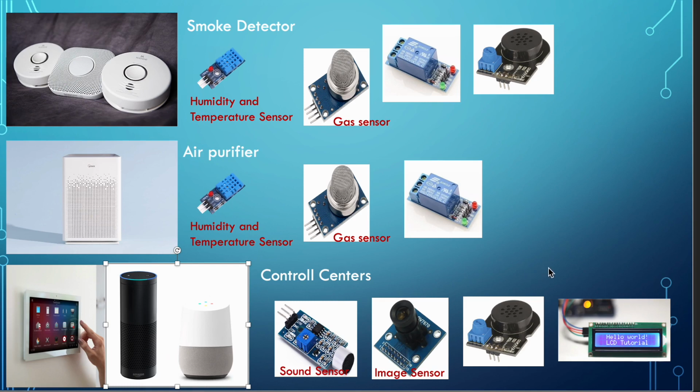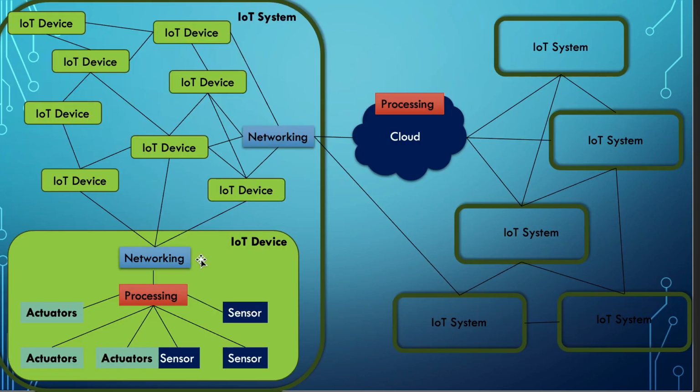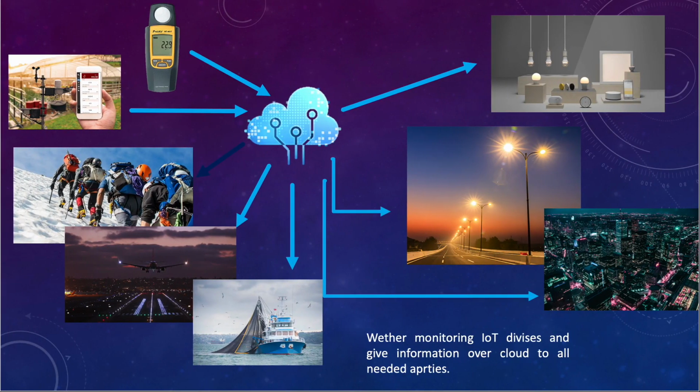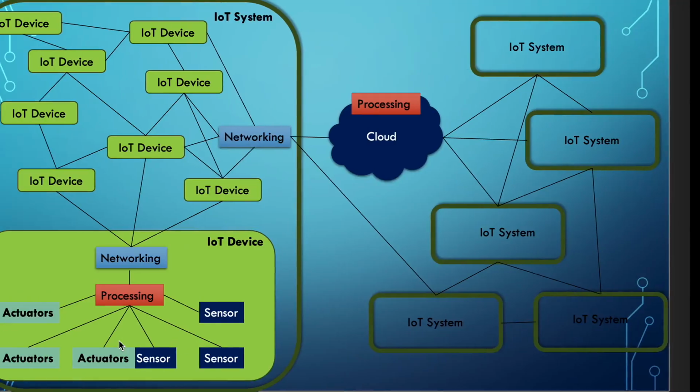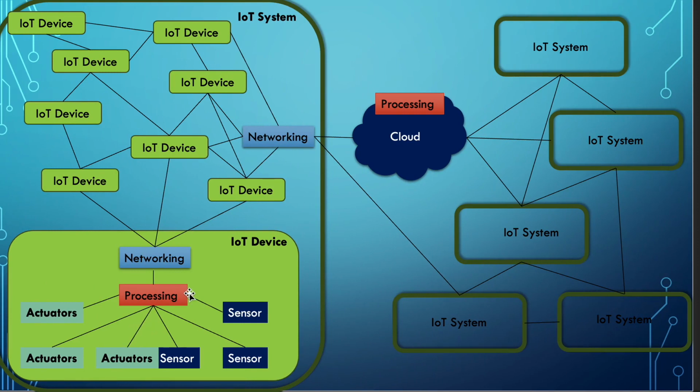There are devices created by third-party manufacturers which have the ability to integrate with Alexa, and that makes it easy to set up in a smart home. That is the point when we talk about heterogeneity.